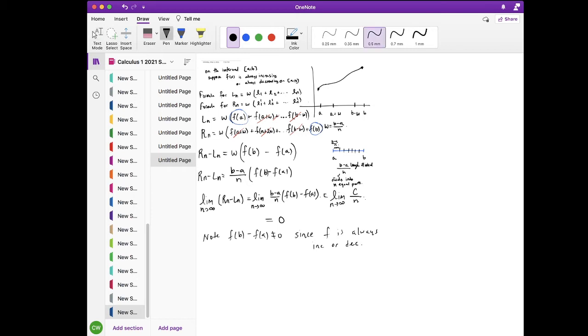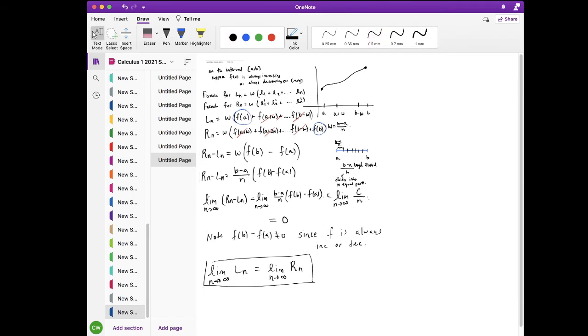So what does that mean? Does that mean the limit from the left equals the limit from the right? If the limit of their difference is 0, that means the left and right approximations are always going to be the same whenever you're on an always increasing or always decreasing interval. Does that make sense?